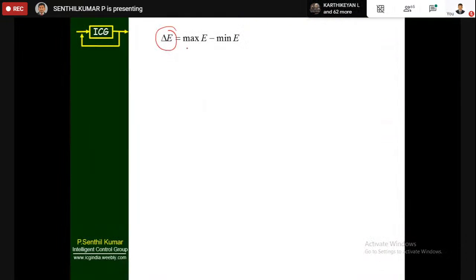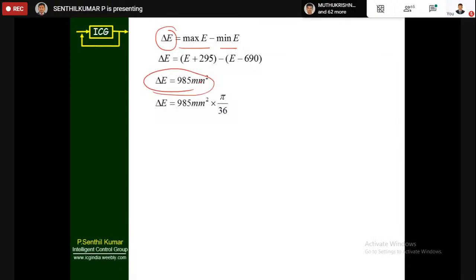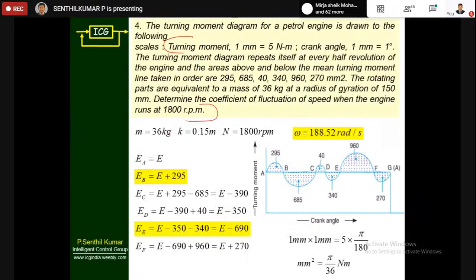How do you find del E? Maximum energy minus minimum energy. Up to this point, they will ask. Since it is multiple choice questions, they can't ask full questions, but they can ask up to this. We have been asking because in our college we are following MCQ type only, so we will ask like that. Or they will give the diagram. They will ask you to find the energy at D. So what is the energy at D?